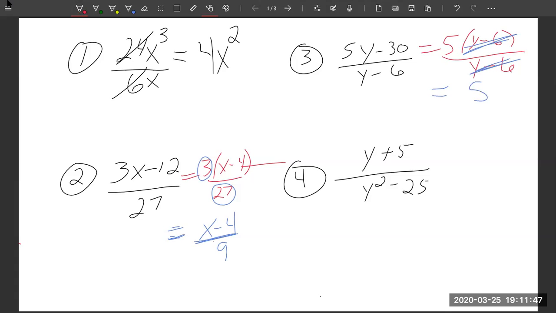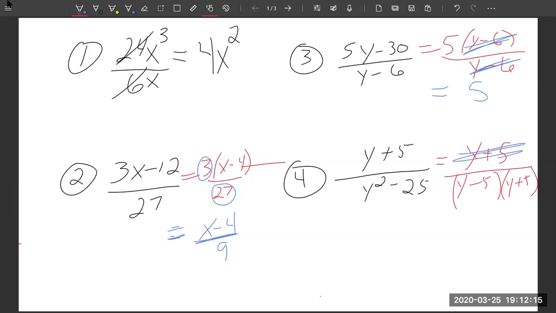Look at number 4. We can't do anything with the top, but we can do something with the bottom. It is a difference of 2 squares. If there is a binomial that's the same in the top and the bottom, you can cross those out.